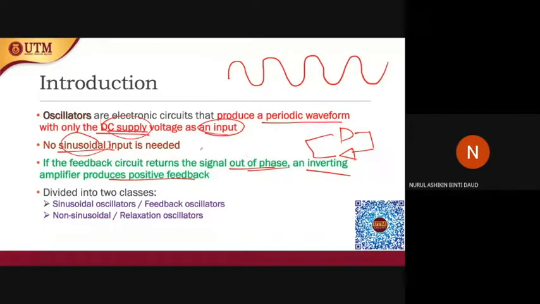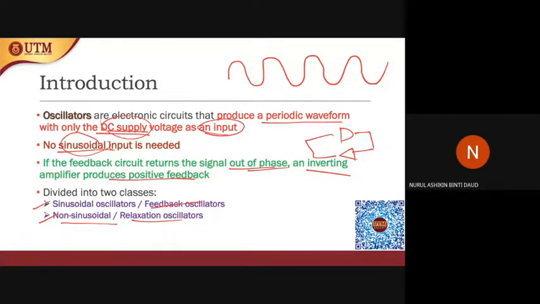Basically, oscillators can be divided into two types: the sinusoidal oscillator, also known as the feedback oscillator, and the non-sinusoidal oscillator, also known as the relaxation oscillator or multi-vibrator oscillator.